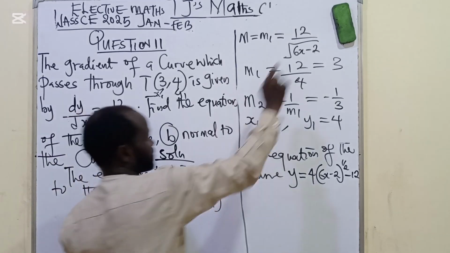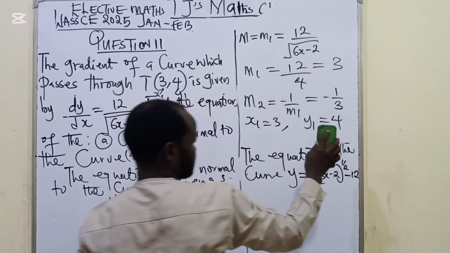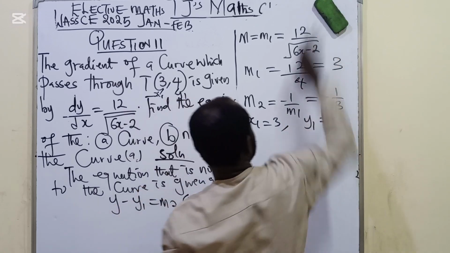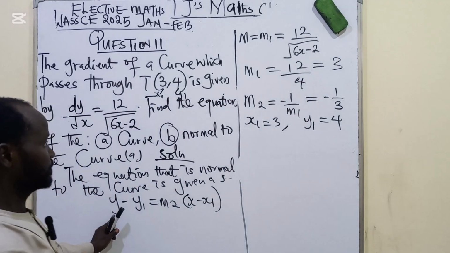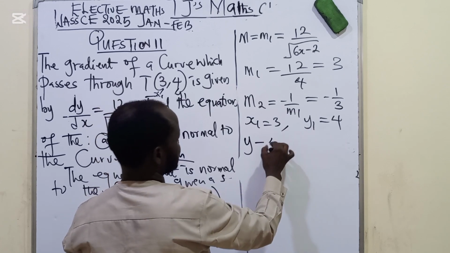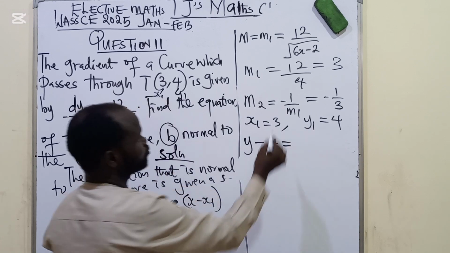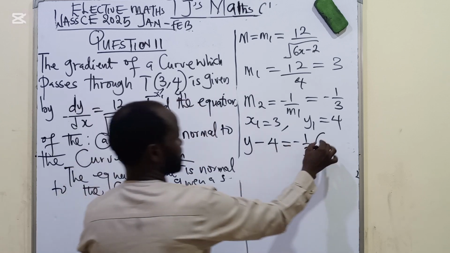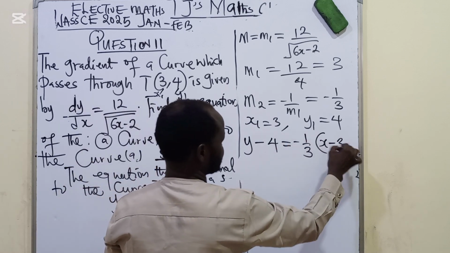Let's substitute into the formula. We have y minus y1, which is 4, equals m2, which is minus 1 divided by 3, into x minus x1, which is 3.